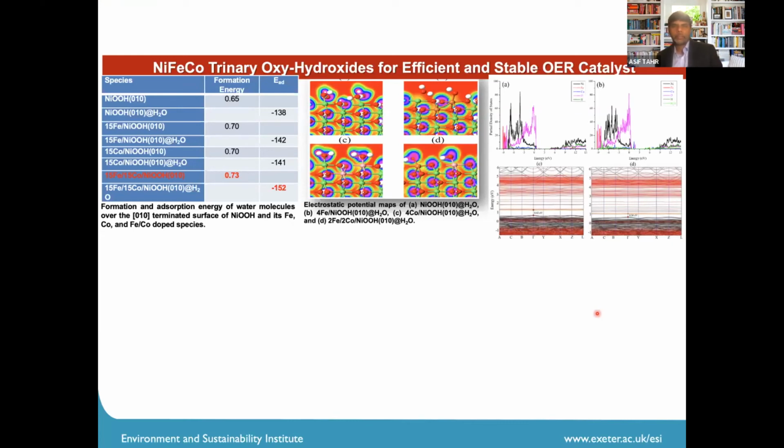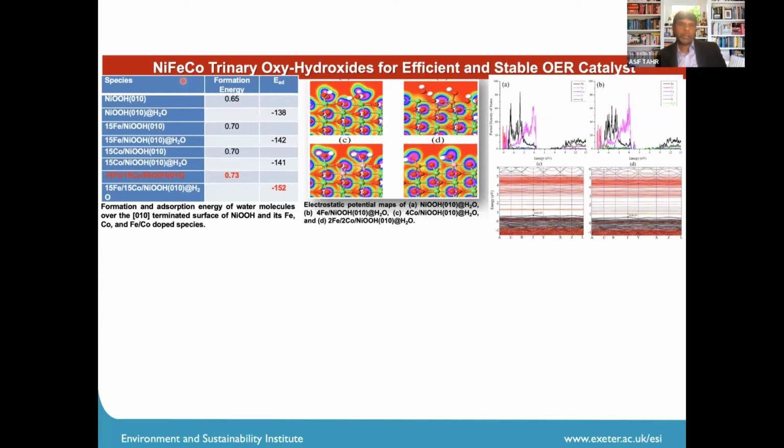So in this case, again, first the material, nickel iron cobalt oxyhydride, is suitable to act as an oxygen evolution catalyst. But which percentage and composition will be more suitable and effective?